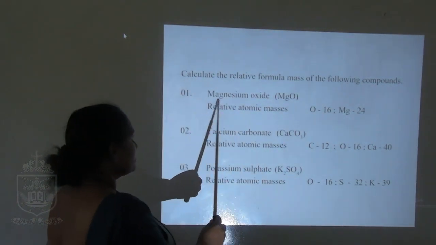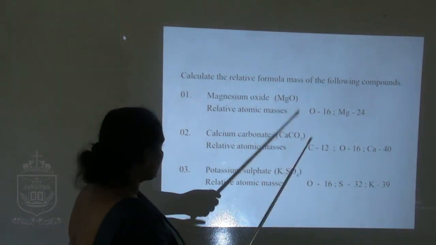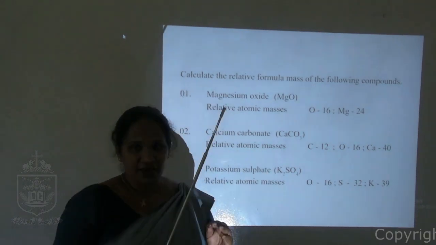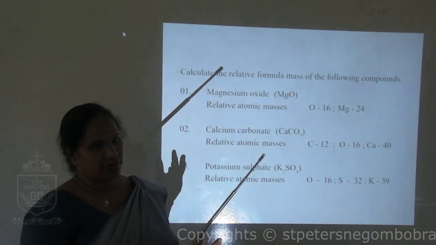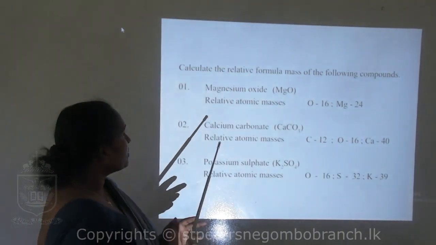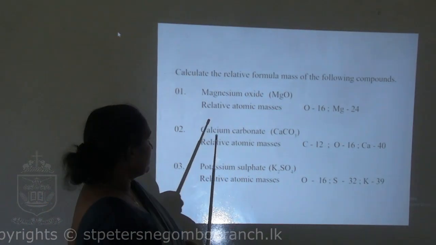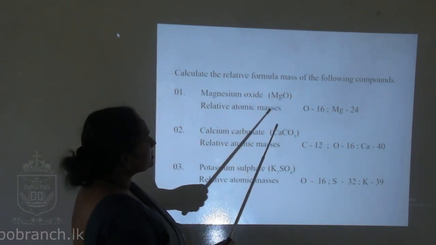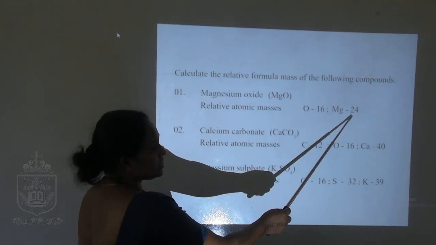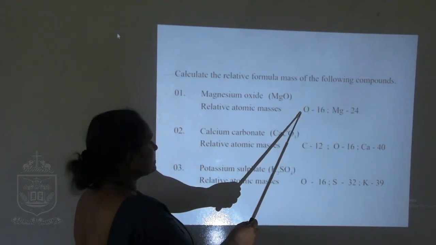Magnesium oxide, calcium carbonate, potassium sulfate are ionic compounds, but we use the same method to find the relative formula mass of them. Now we can see magnesium oxide here. Magnesium's relative atomic mass is 24, oxygen 16.